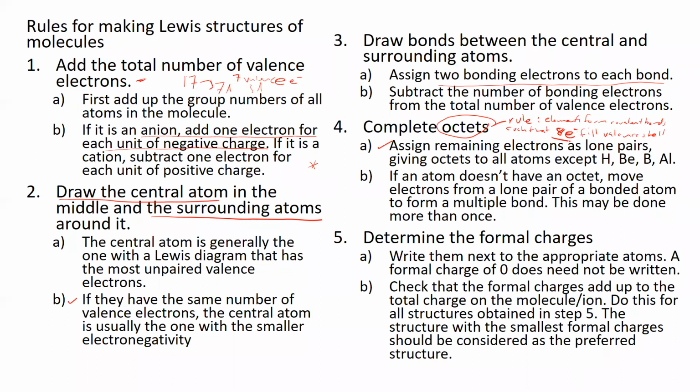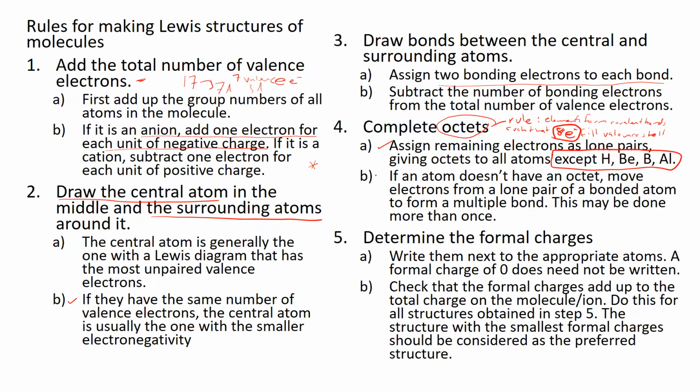So you want essentially 8 electrons to surround a given atom in a Lewis structure. And so first you place any remaining electrons. Now there are going to be some exceptions. You'll notice that we have except helium, beryllium, boron, aluminum. There's some others. We'll talk about those later. Okay, for now, we're going to assign the remaining electrons as lone pairs to give octets.